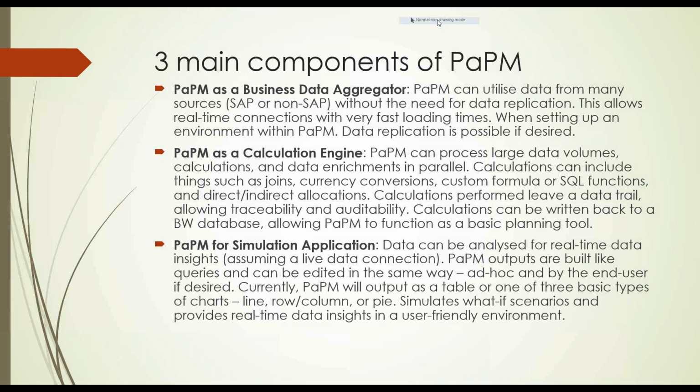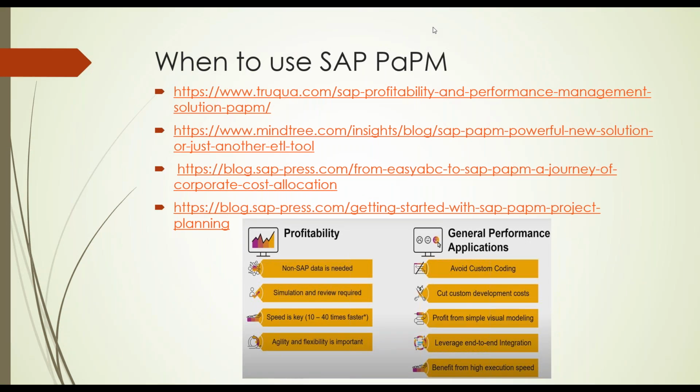Now, when to use PAPM? So basically, when there are multiple systems, SAP, non-SAP, everything, and simulation and review are required. Like if you want to quickly check what if scenarios. For a what if scenario, you don't need to do any custom coding or anything.